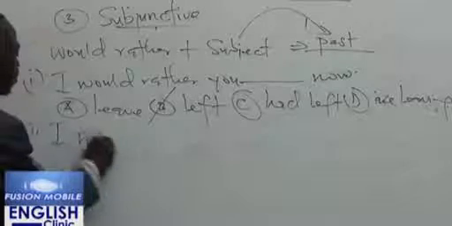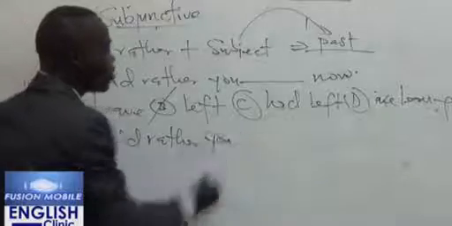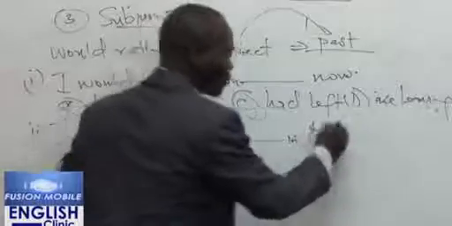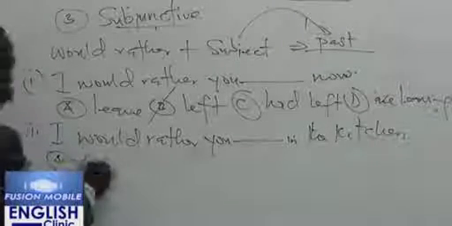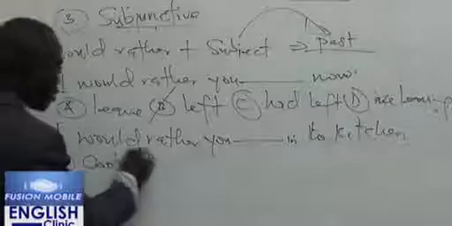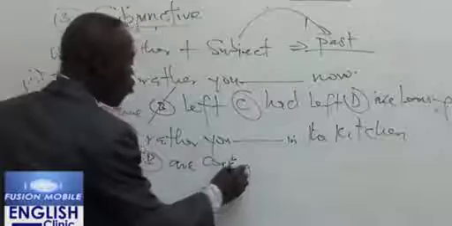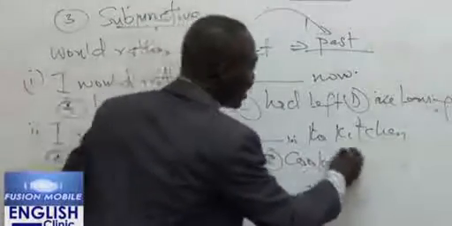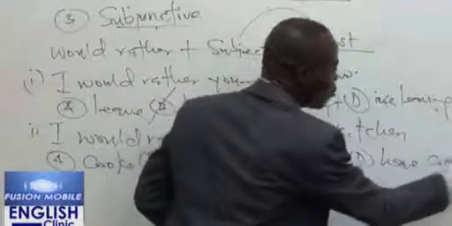Number 2. I would rather you dash in the kitchen. A, cooks. B, are cooking. C, cooked. And D, have cooked.